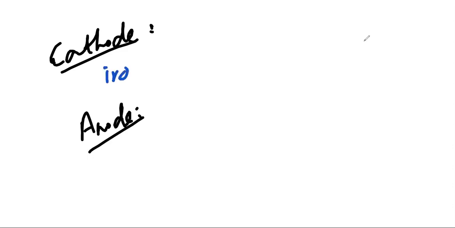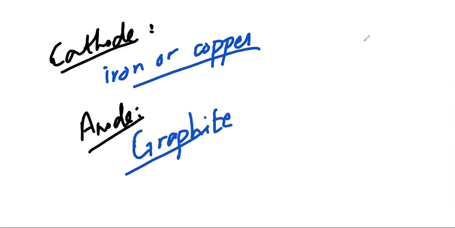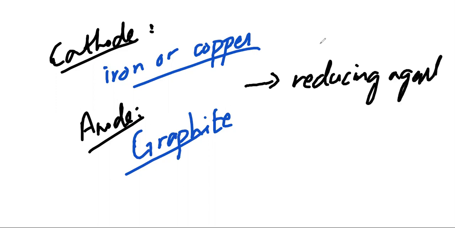Iron or copper is used as the cathode, and graphite is used as the anode. The uses of sodium metal are also important: as a reducing agent in a laboratory, for manufacturing sodium vapor lamps, for making tetraethyl lead, an anti-knocking agent in petrol.